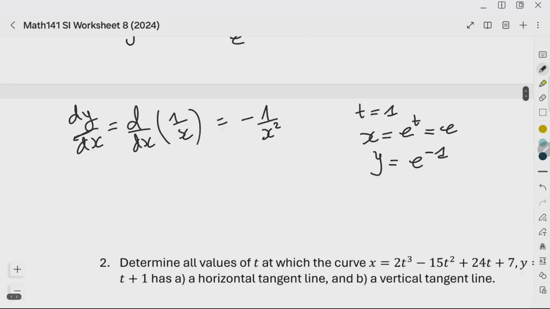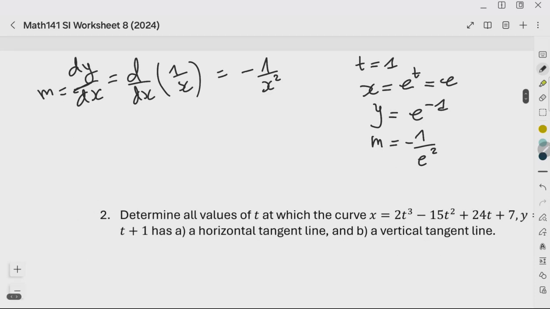And the slope is equal to minus 1 over e squared. We have everything we need. We write our equation now as y minus e to the minus 1 equal to our slope, which is minus 1 over e squared, times x minus e.